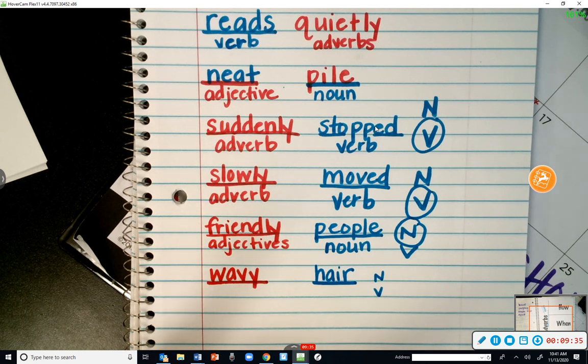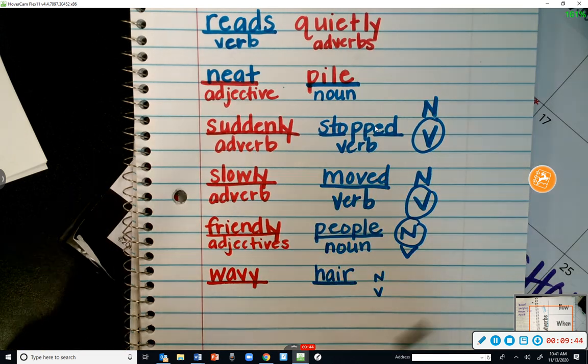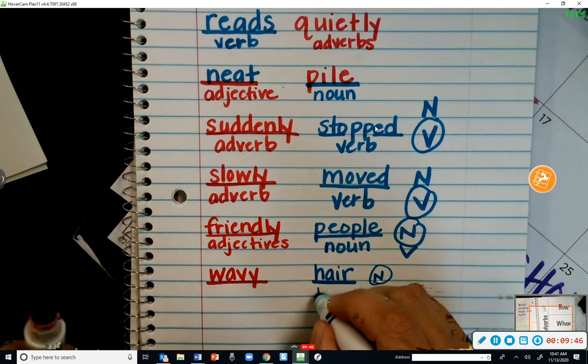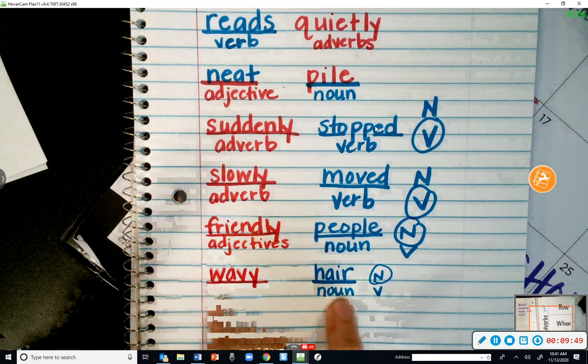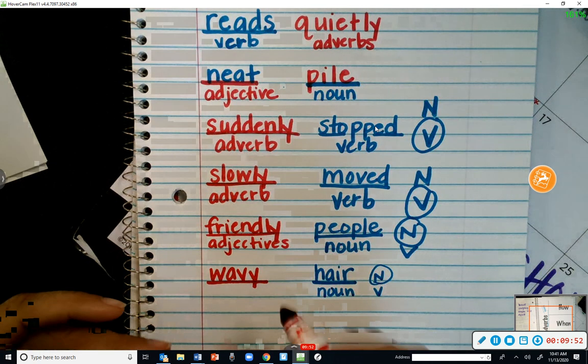Is it something you can do? No. If it's not something you can do, it means it's not a verb. It's a noun because it's a thing. Good. So, what type of words describe nouns? Adjectives. Good.